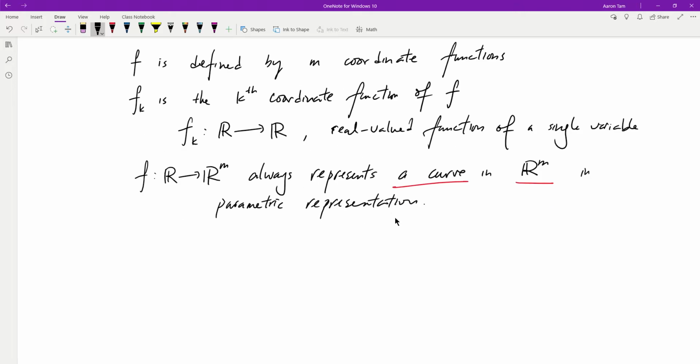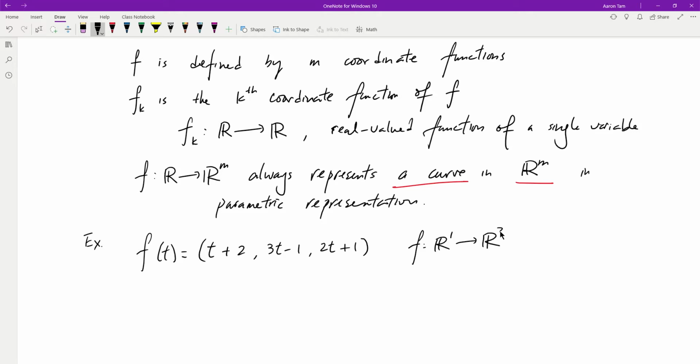An example would be something like this. Let's say the function f of t equals t plus 2, 3t minus 1, 2t plus 1. That is a function f that maps from R^1 to R^3.